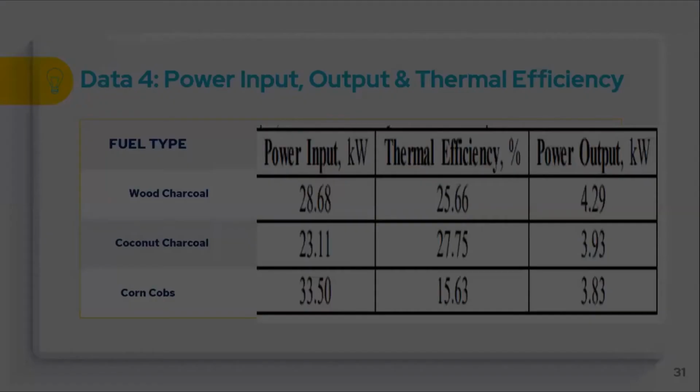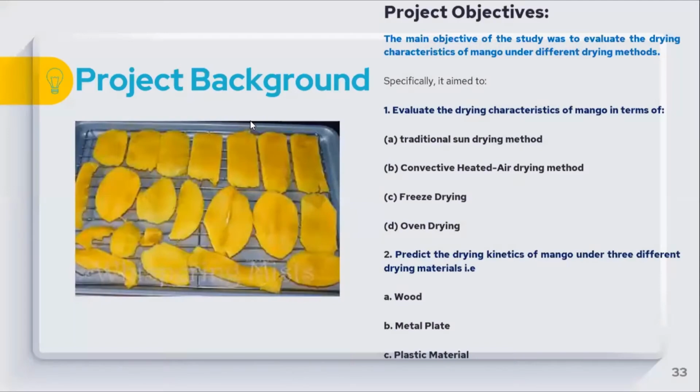For group 5 to 8, ang inyong buhaton, the project is evaluating the drying characteristics of mango under different drying methods, no? Ang inyong buhaton, ang kanidaw nga research is gi-evaluate niya ang characteristics sa mango under different drying method like traditional, convective heated air drying method, freeze drying, and oven drying.